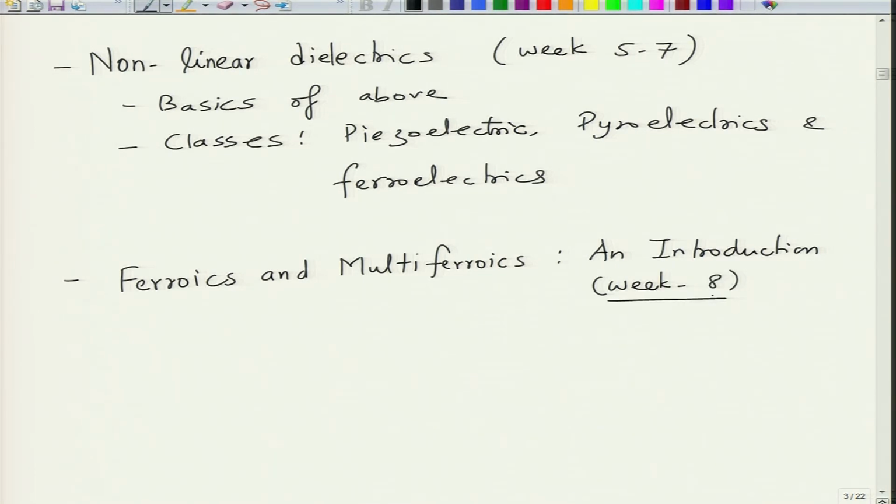So, this is the overall overview of the contents of the course that we will undertake as we progress in this course.